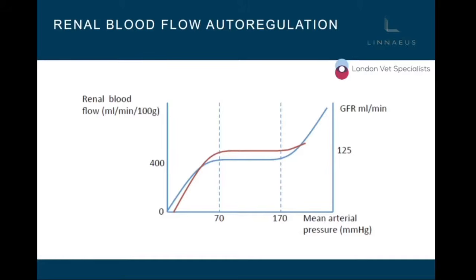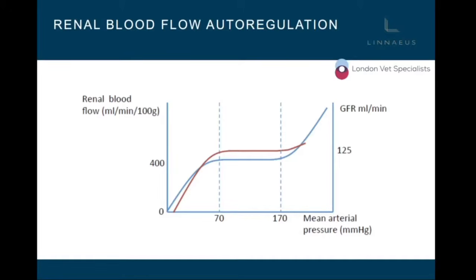And the reason that we choose something around 60, 65, 70 as a lower limit for the tolerated blood pressure under anesthesia is because many of the vital organ systems, including the kidney, have this ability to auto-regulate their blood flow over a range of blood pressures.